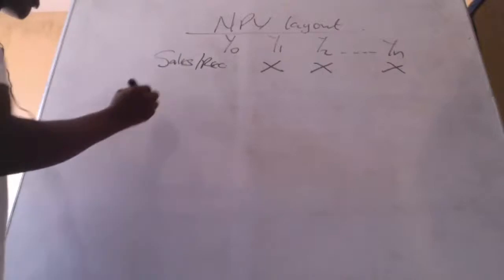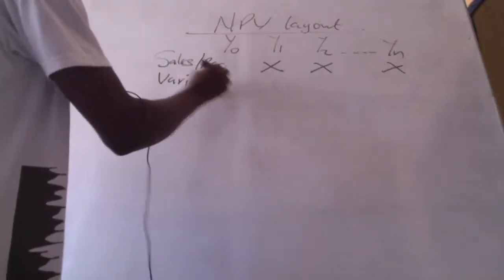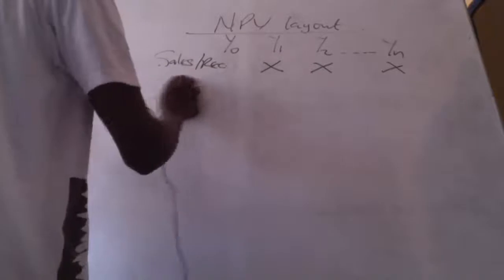Then your variable costs. Variable what? Costs. We saw this under the cost calculation. So for those who have not gone through that, please go through it. Other than that, you will probably be seeing stars.